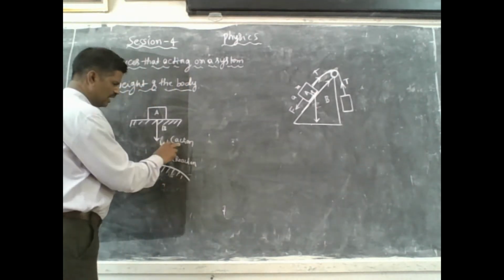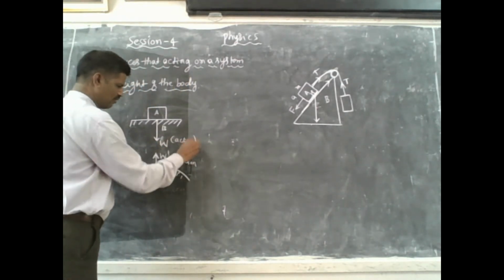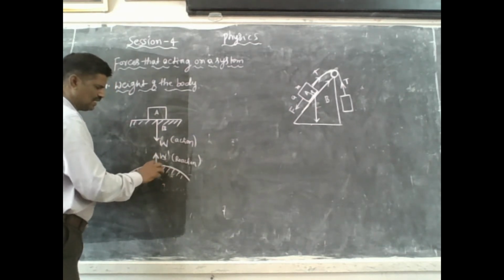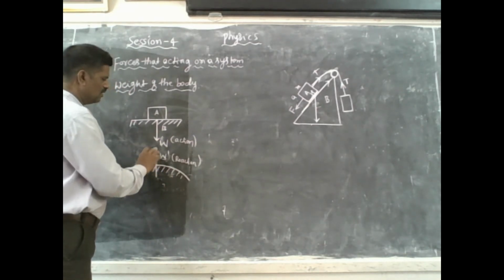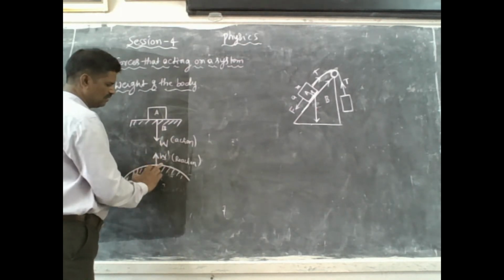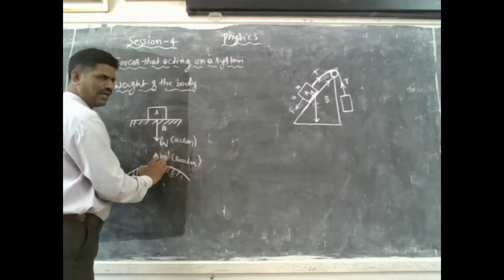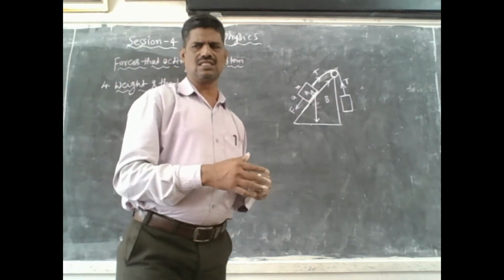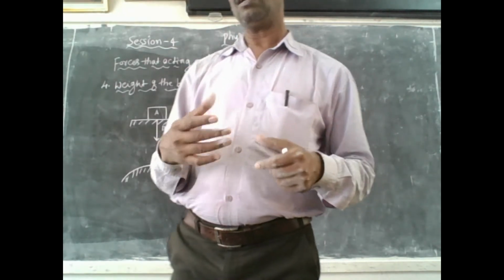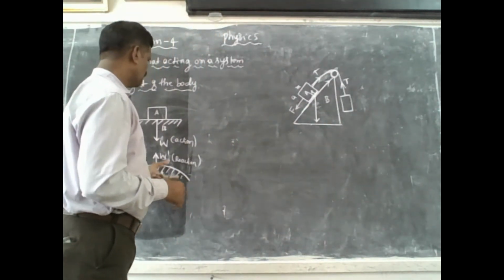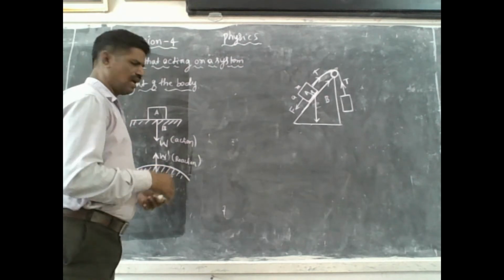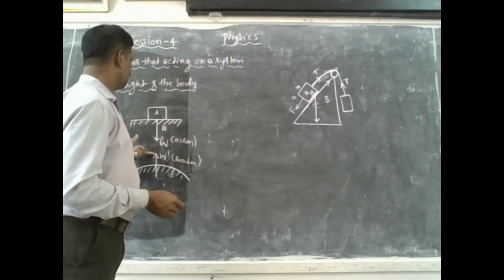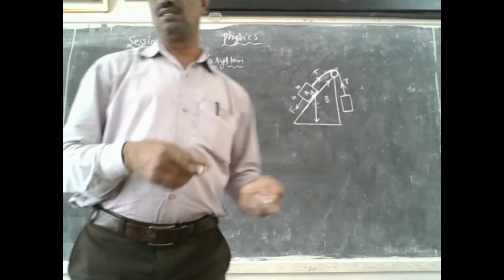That is known as action, and the same amount of force supplied by the earth in the upward direction is known as W dash, the reaction force. So this is an example for the weight of the body according to Newton's law of gravitation. I will tell you more about the weight of the body later on.